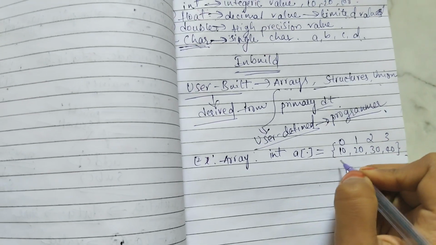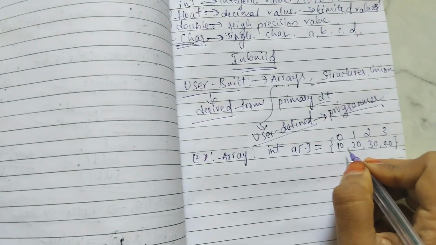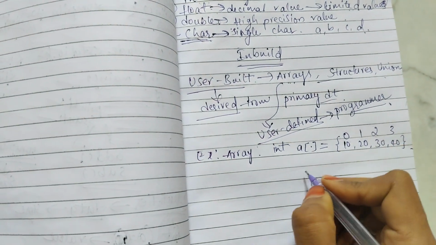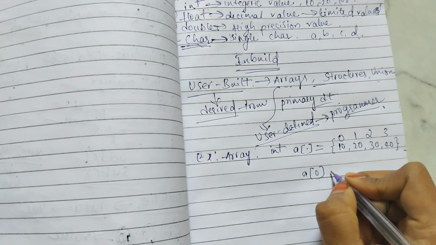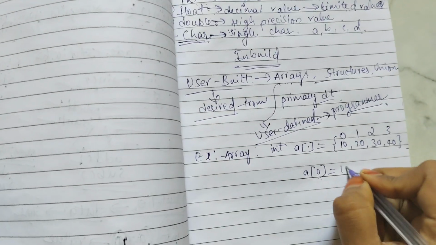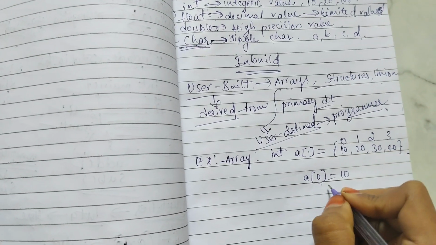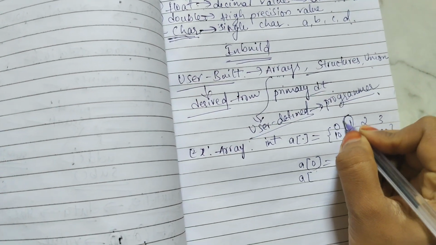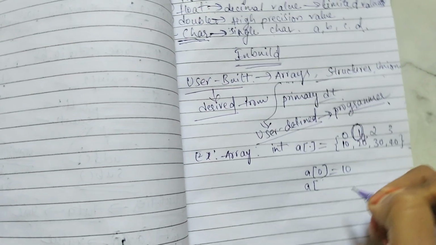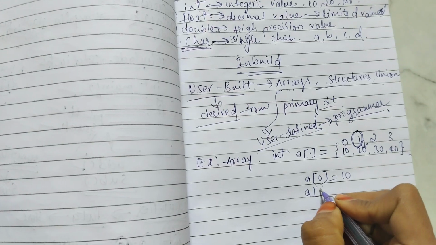To access an array element I use a of 0, which prints 10. To access 20, I use a of 1.